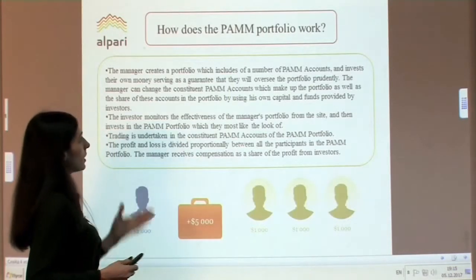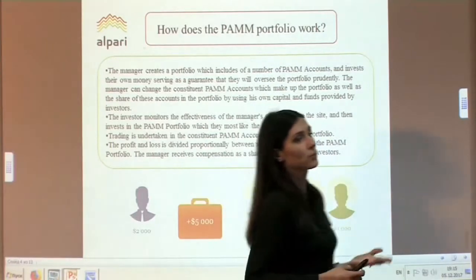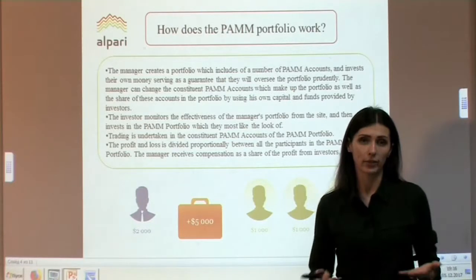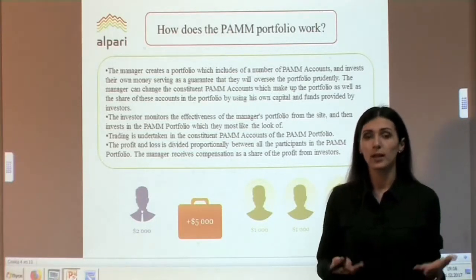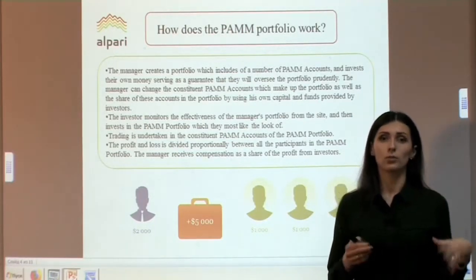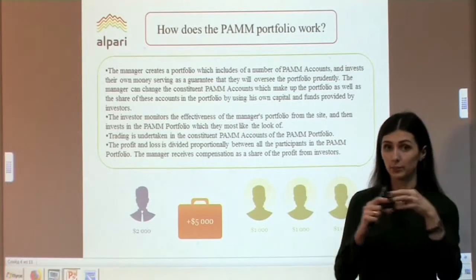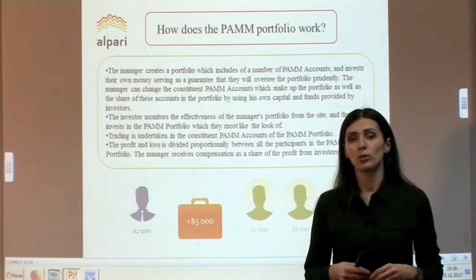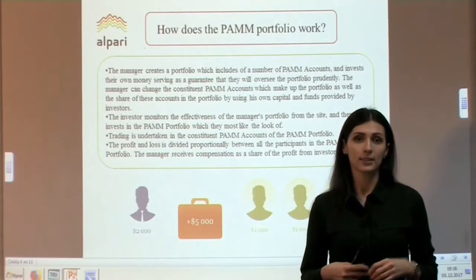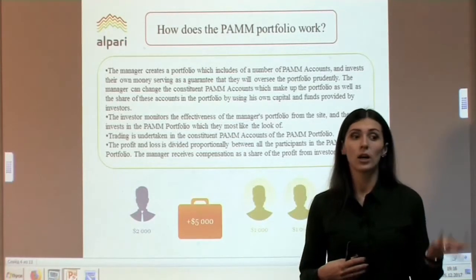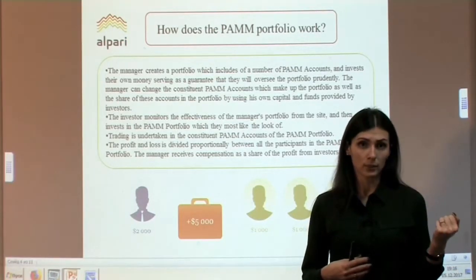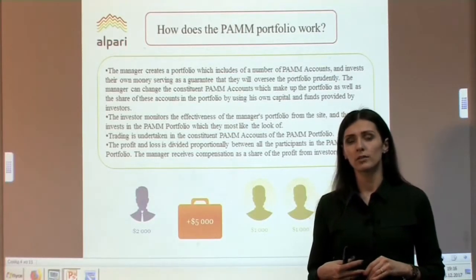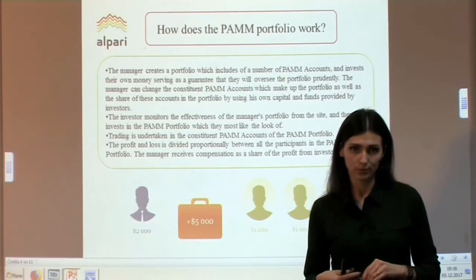Okay. How does the PAM portfolio work in general? This is simple. A PAM portfolio manager creates a PAM portfolio, allocating a certain amount of their initial funds as the manager's capital. Okay. After that, of course, the PAM portfolio manager should provide special documents to take your investments, and only after this he can open a public proposal.